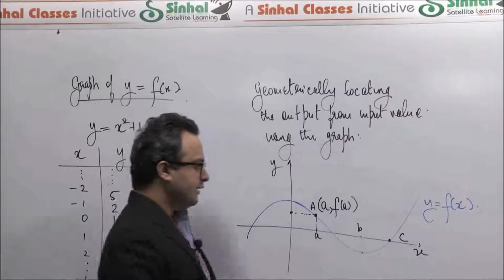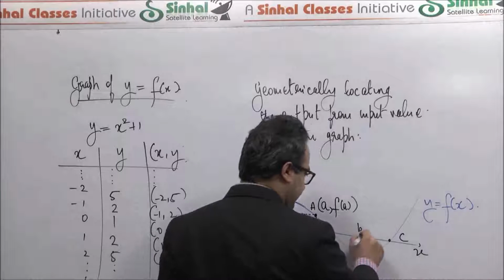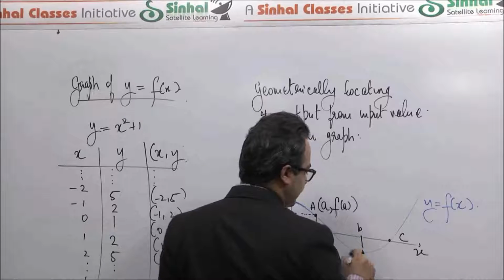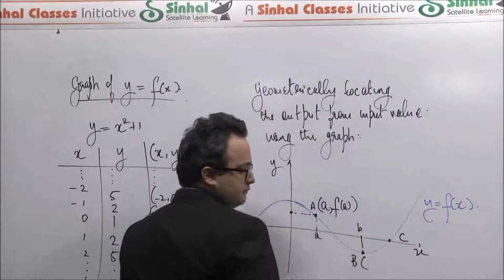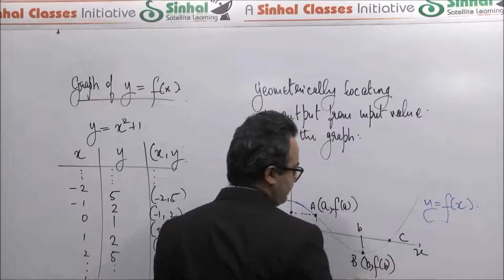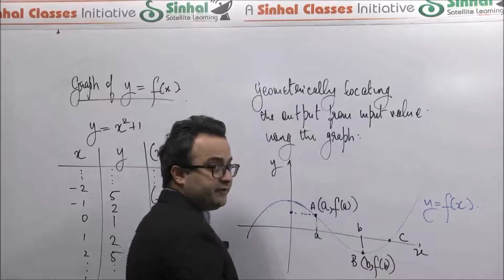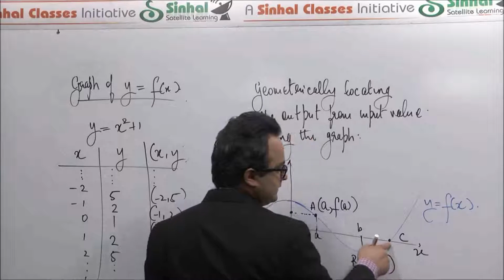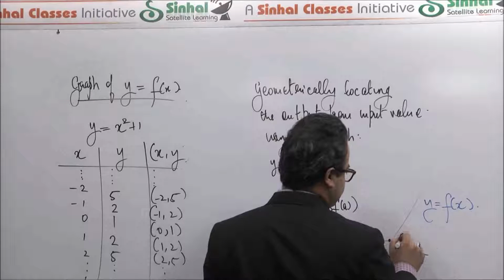Okay. Similarly, over here, I can draw a line through b parallel to the y-axis. This is my point of intersection, capital B. So coordinates of this point will be b, comma, f of b. So again, in this case, clearly f of b is a value which is negative. And finally, in this case, capital C, small c.